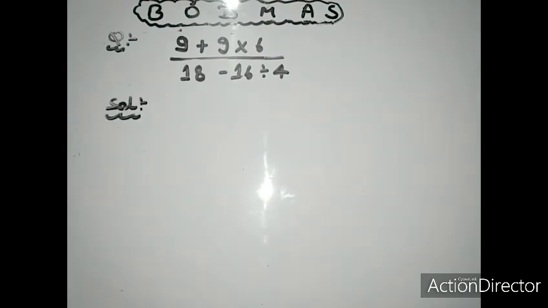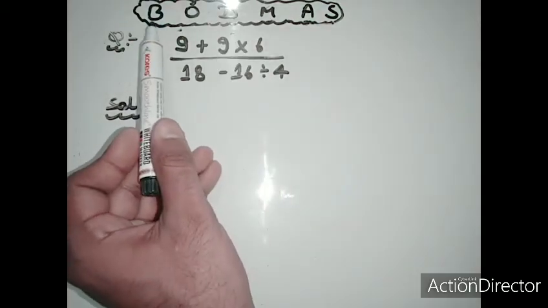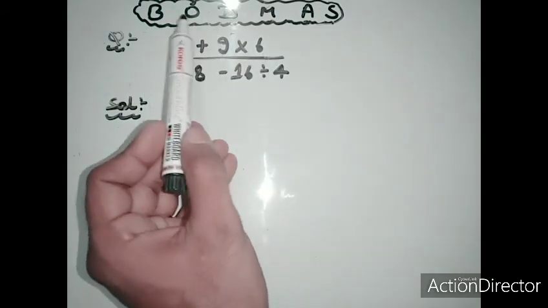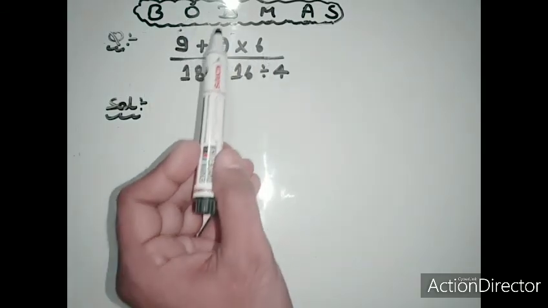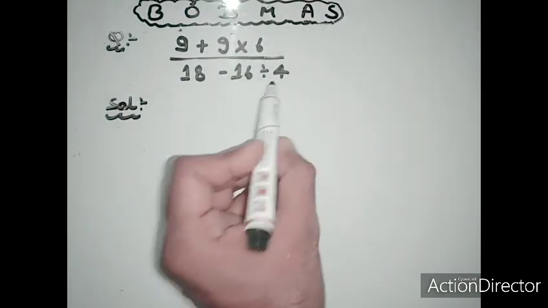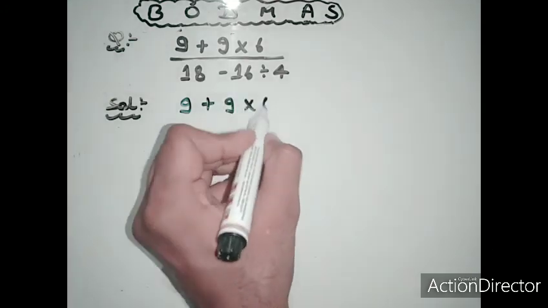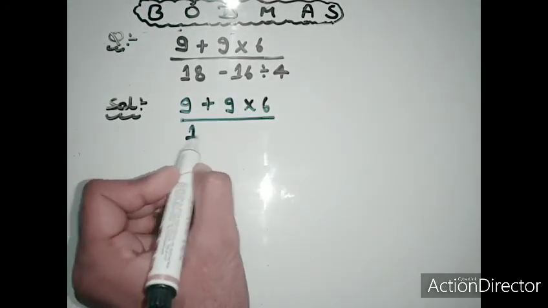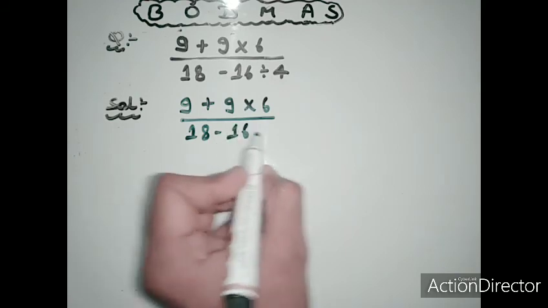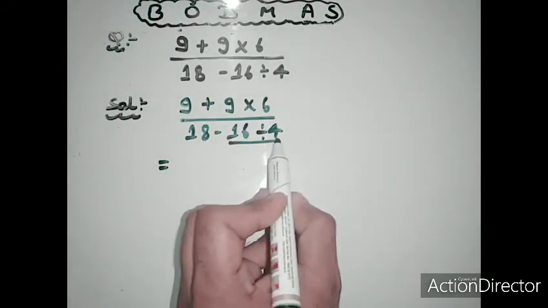Okay, so now students, what we do here, first we solve brackets, so there is no bracket here, there is no of here, and divide. So where is divide? Divide is here, right? So here first we write this question here, 9 plus 9 multiplied by 6 upon 18 minus 16 divided by 4. Okay, so here first we solve this part of this question.